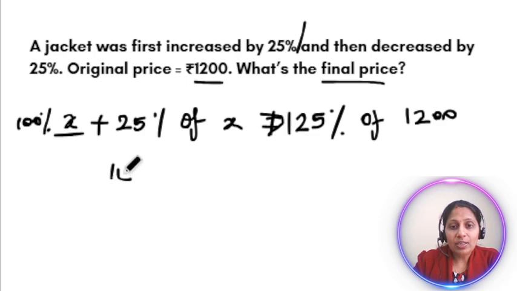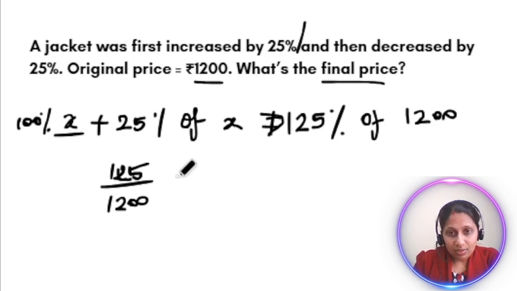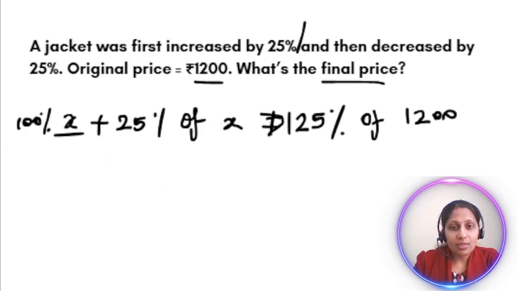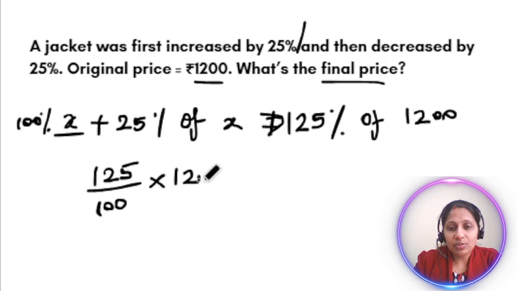So try to find the result here. Let's write it in the general form: 125 by 100 times 1200.